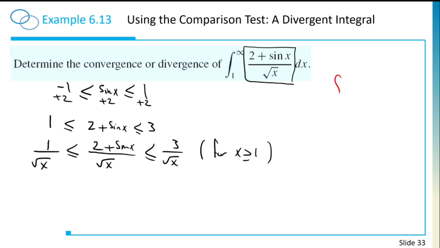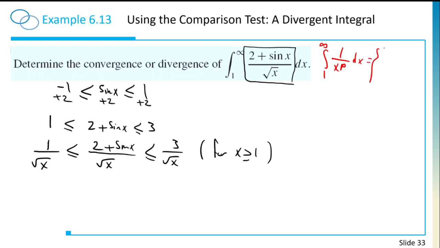Remember the case where I told you that we can prove it, the integral from 1 to infinity of 1 over x to the power of p dx.